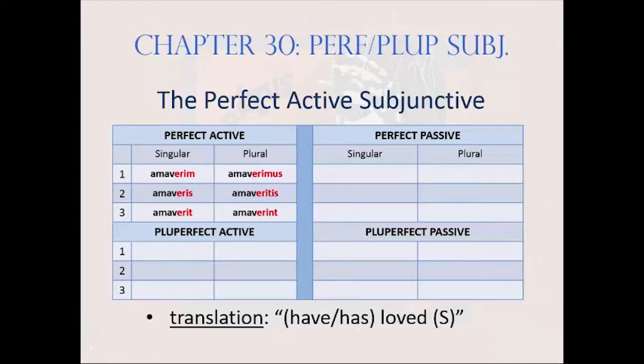Thus, I have loved subjunctively, you have loved subjunctively, and so on. It ends up looking like the twin of the future perfect indicative, in the same way that in third conjugation, the future indicative and present subjunctive are all but identical, though the translation of the perfect subjunctive and future perfect indicative is quite different. Have subjunctively and will have indicatively.